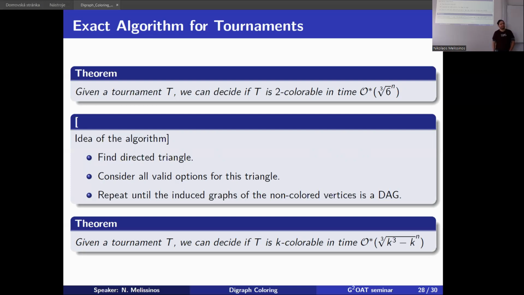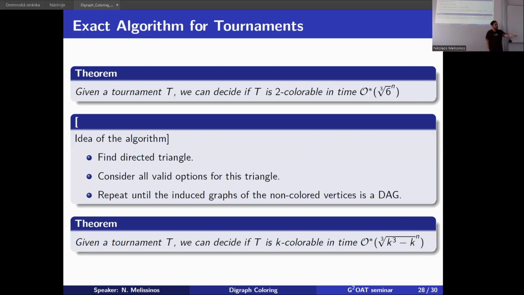Okay, let me jump in because we are on the correct slide for the second question. So for this, I understand you look for oriented triangles and choose one of the good colorings for just this triangle. Take all the possible options except the non-valid one. Yes. Okay.